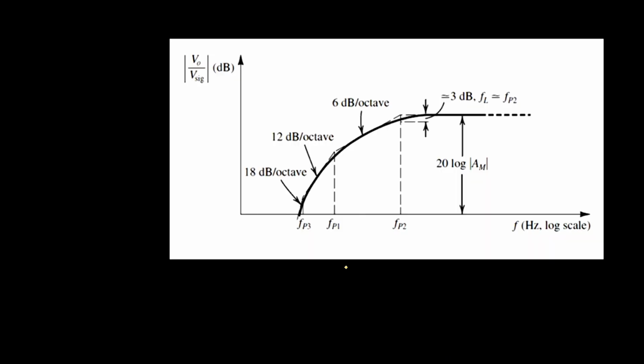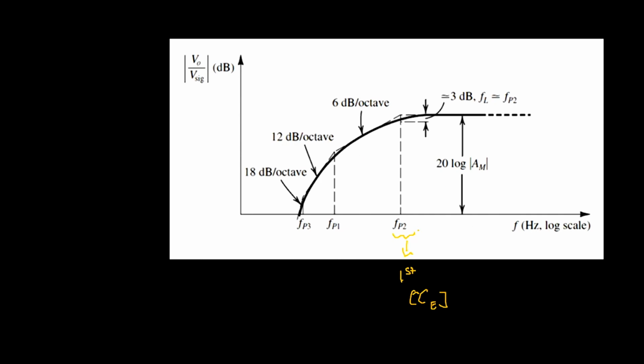So the most important thing that you need to remember here is FP2 is always the first. It's much higher than FP1 and FP3. So FP2 is the frequency due to your emitter capacitance.